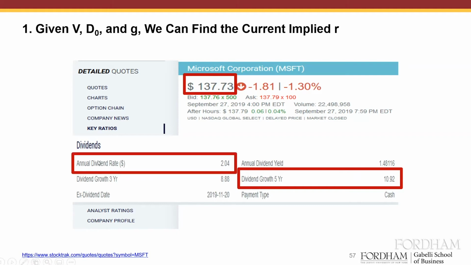And we have our current dividend at $2.04, right? So we have our V at 137.73, our D0 is 2.04, and G is 10.92, right?